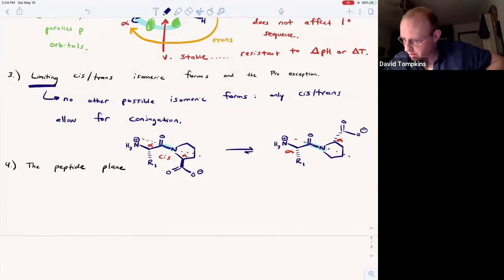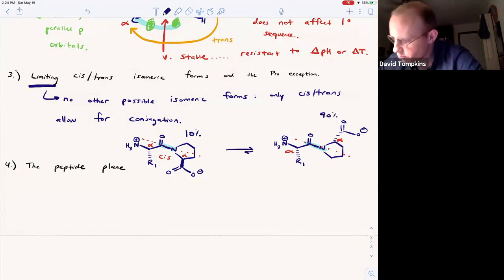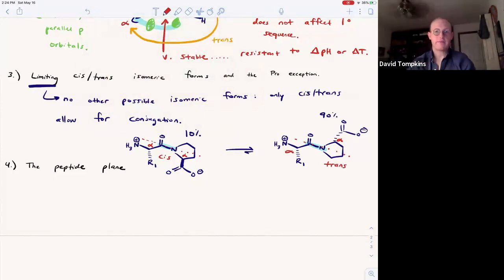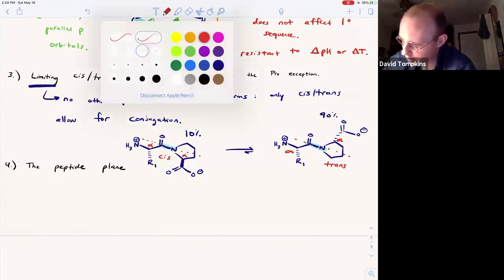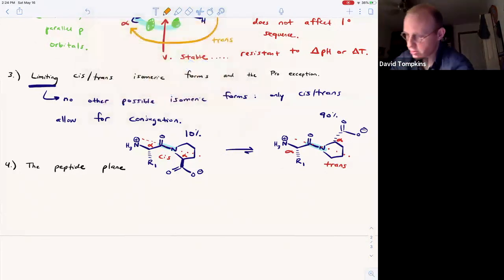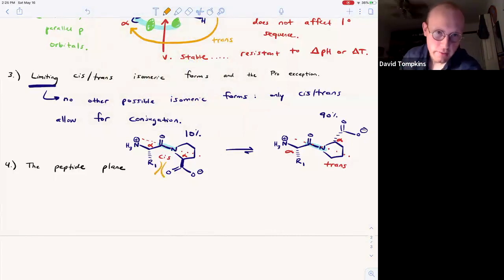But proline, unlike the others, exhibits a little bit more of the cis configuration relative to trans. Trans is still favored, but it's not favored to a great extent because here you have steric clash between the carbonyl and the R group of amino acid 1.